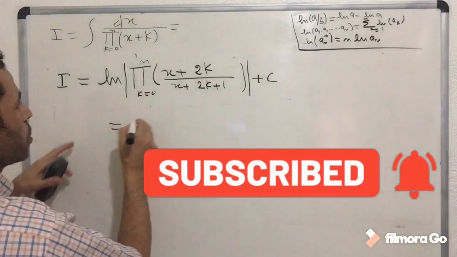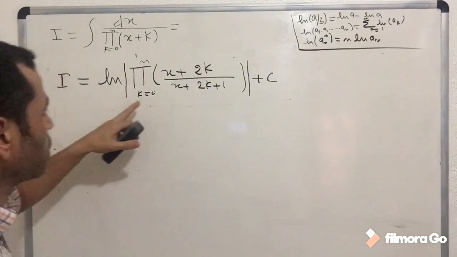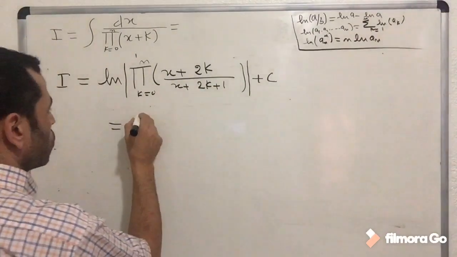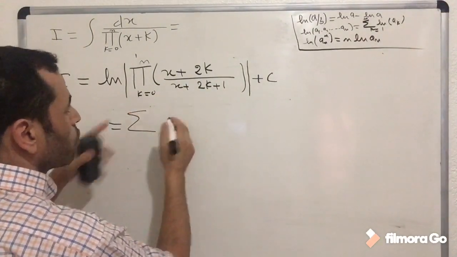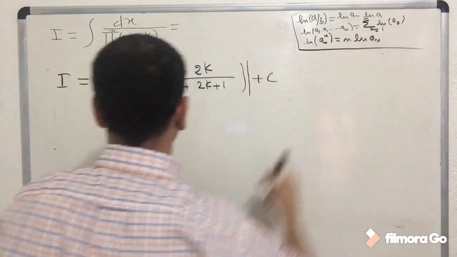We can bring this product outside. Yes, we can do it. The product becomes a sum sign outside. So this becomes the sum. We are applying these rules. This is a product equal to a sum.